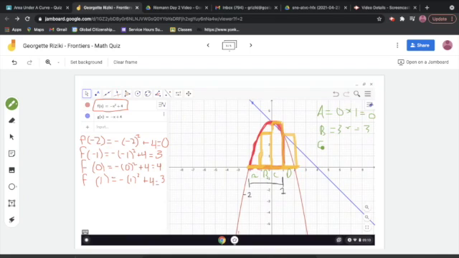C is equal to positive 4 times 1. 4 times 1 is equal to a positive 4. And finally, D is equal to a 4 times, oh, that's incorrect.